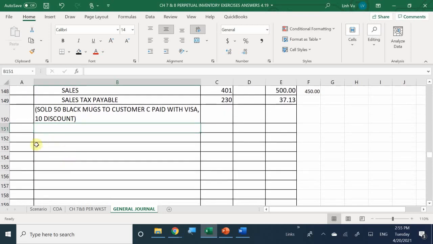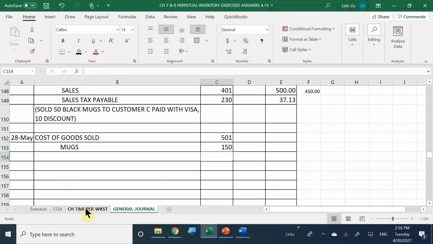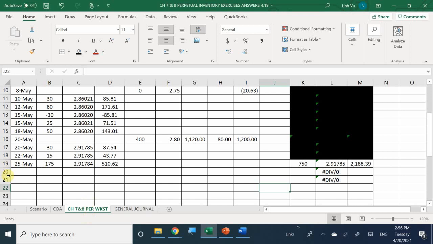Now that we have that piece of information, that we sold a total of 50 mugs, we need to update our inventory. Cost of goods sold, mugs. So once again, inventory worksheet.